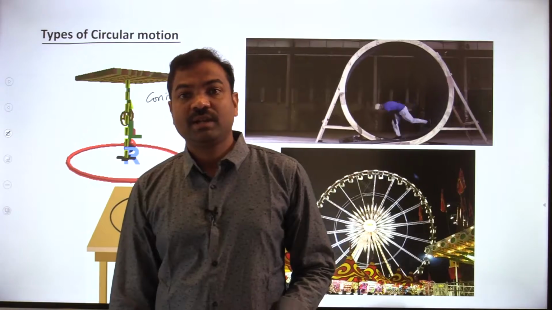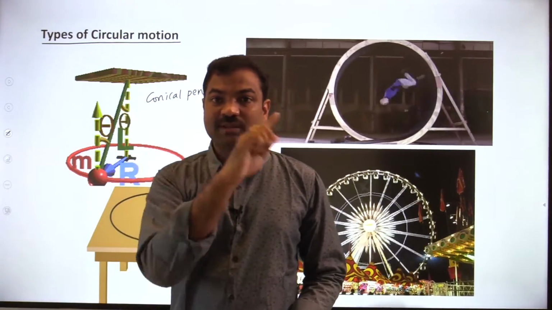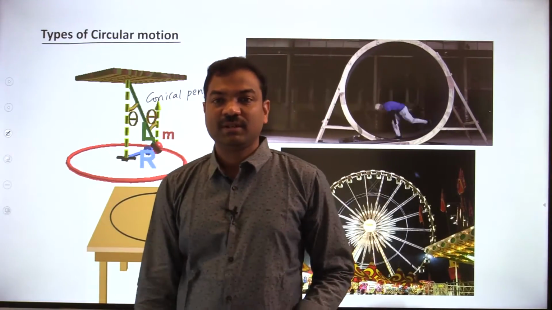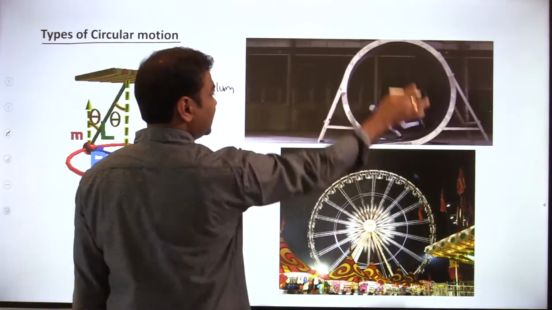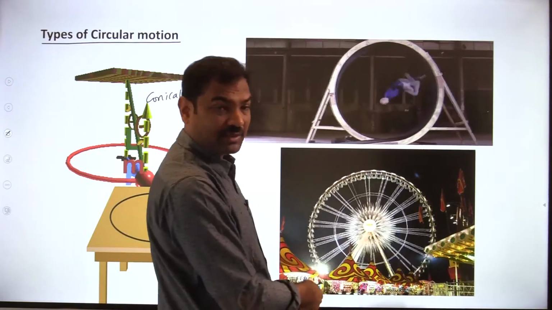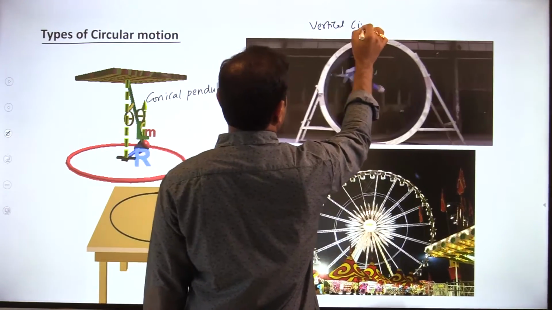The fan which is rotating in your room is moving in a circular path, but in a horizontal plane. The height of any point on the fan does not change. Here the particles are moving in a vertical circle, or circular motion in the vertical plane. So that's why it's called vertical circular motion.